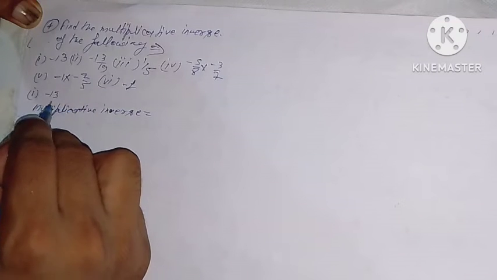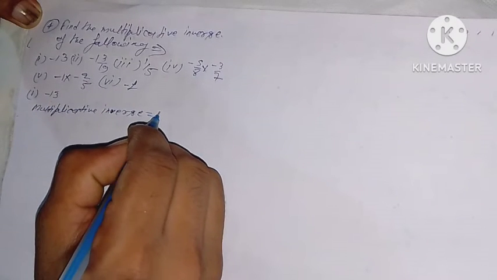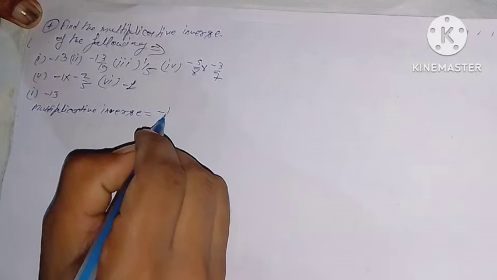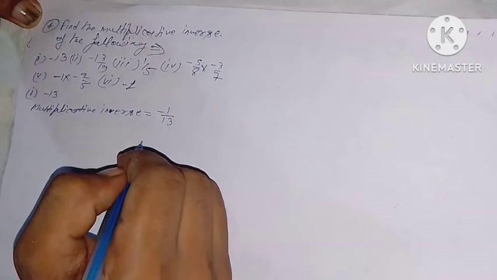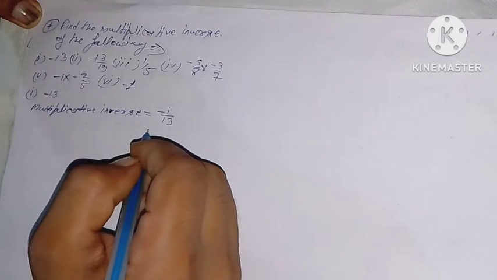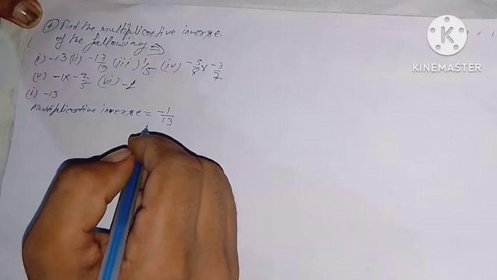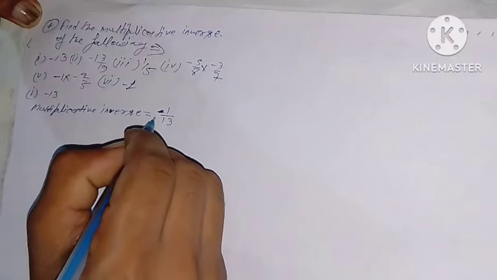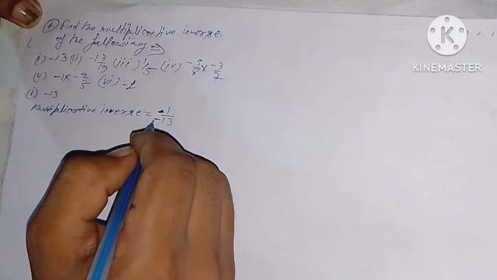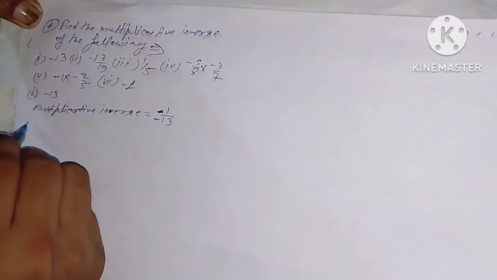The multiplicative inverse of minus 13 is minus 1 upon 13, or 1 upon minus 13.